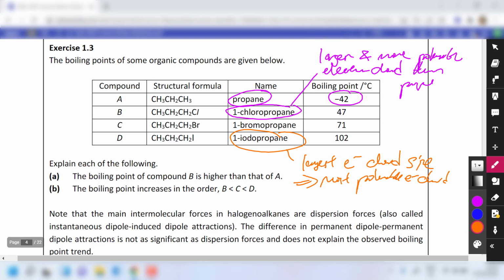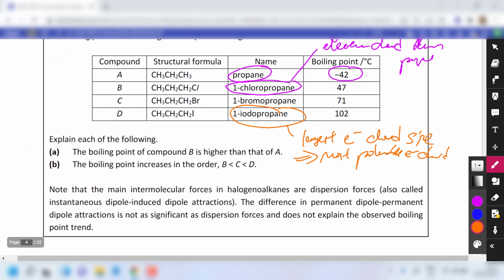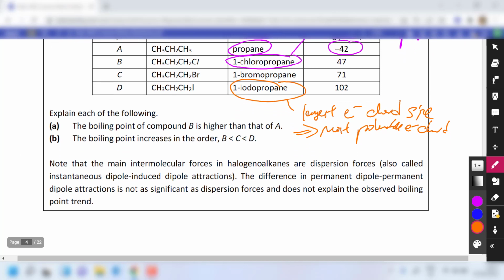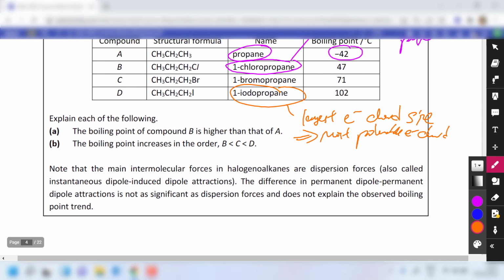Because boiling involves overcoming these stronger dispersion forces, it has the highest boiling point as compared to the rest. All right, so I hope you are aware of the main ideas which you need to use when it comes to explaining the difference in boiling points.